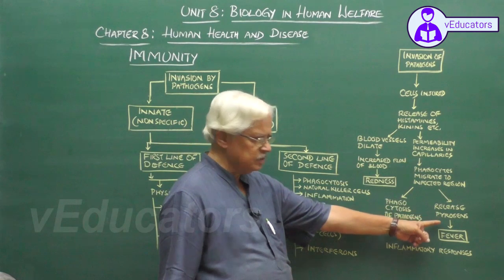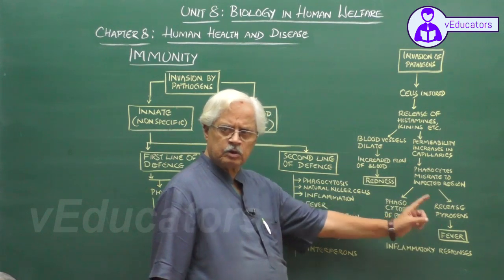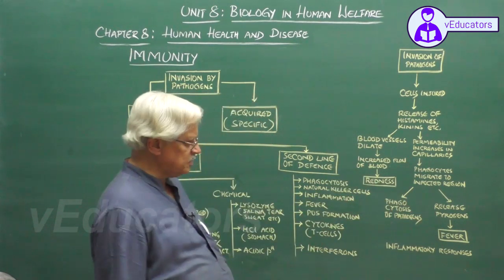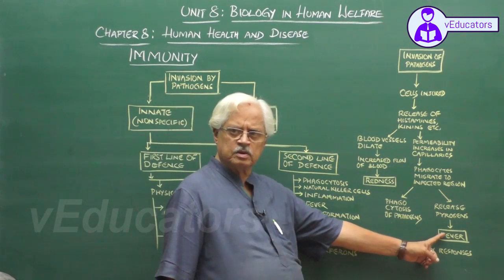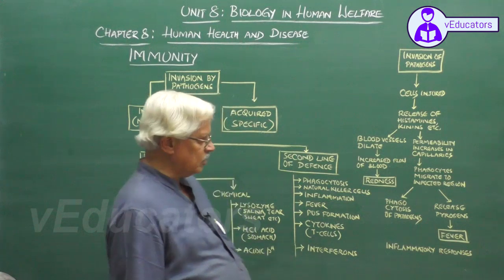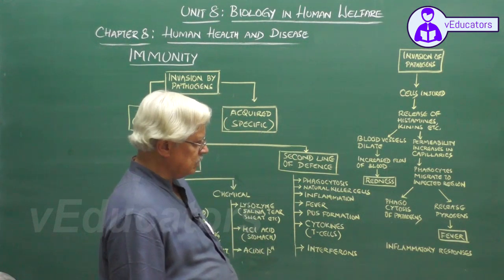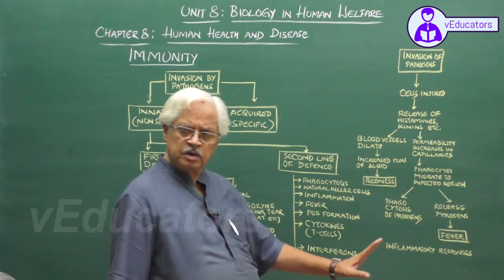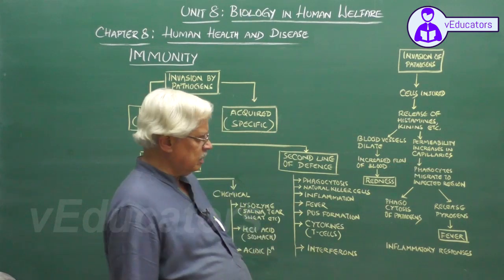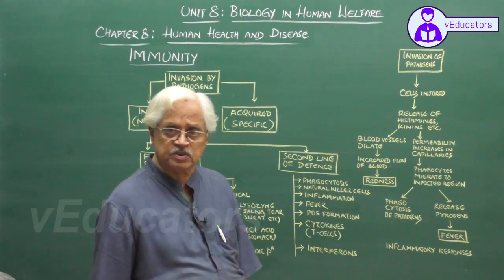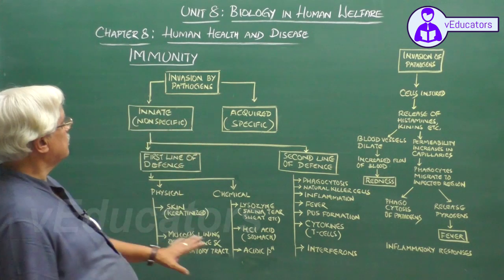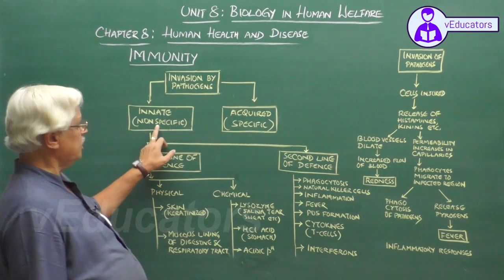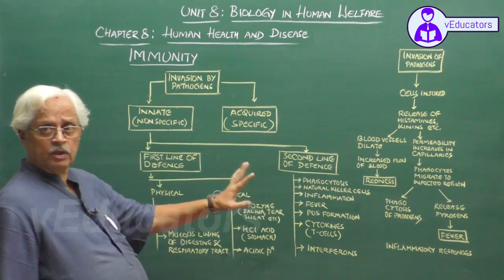Some of them release what are called pyrogens, and these pyrogens bring about an increase in body temperature, that is the cause of fever. Increased body temperature decreases the multiplication of pathogens. So this is the summary of the innate or non-specific immunity.